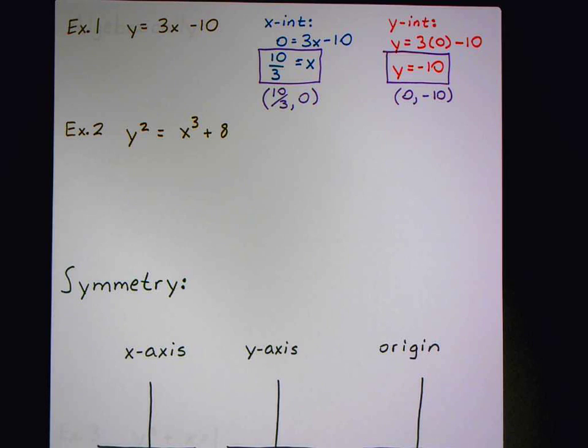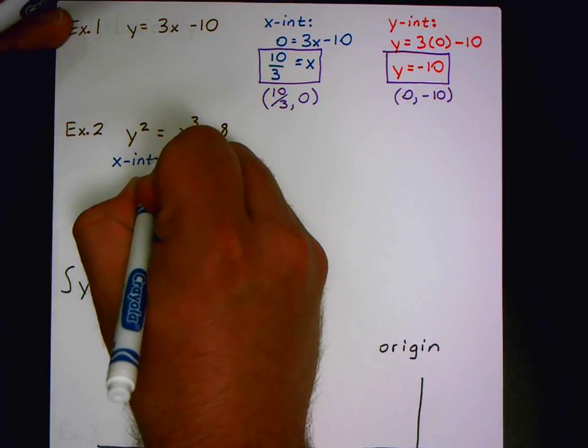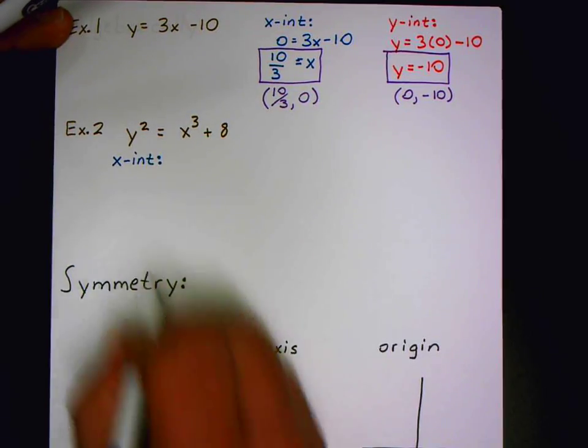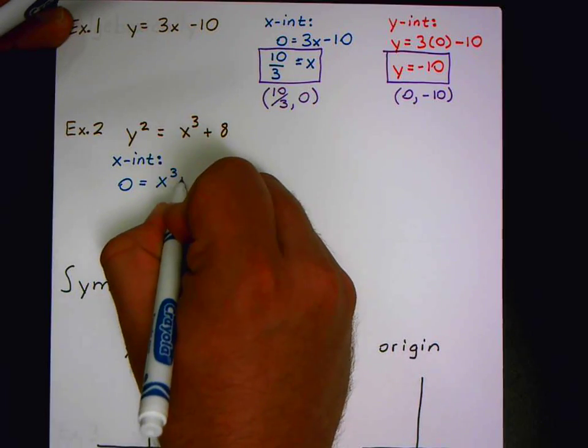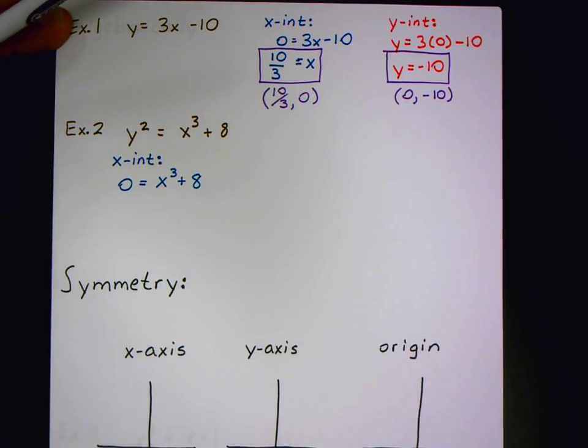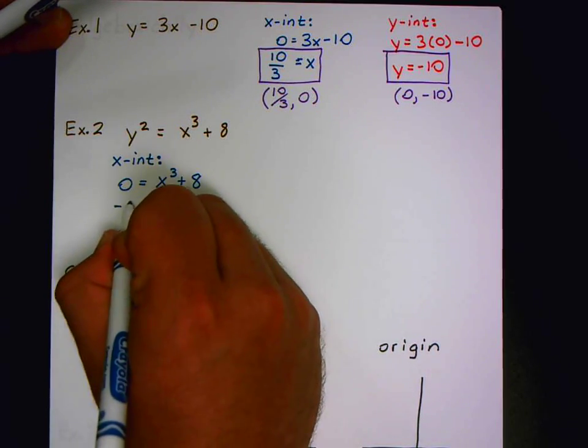Okay, so number 2, x-intercept. So I let my y equal 0. Cube root that.